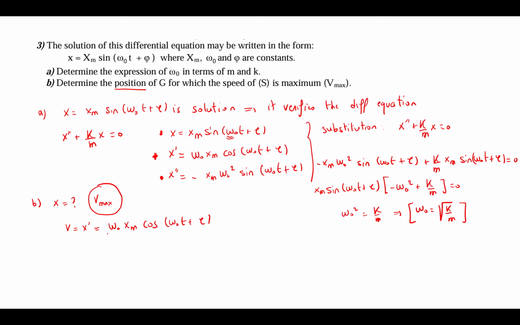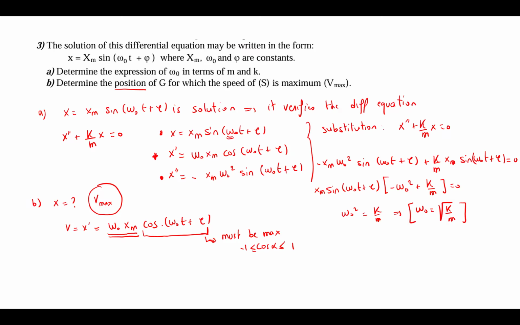We know that omega 0 and xm are constants. So nothing changes in them. So for the v to be maximum, this means that the cosine must be maximum. But we also know that cosine alpha is between 1 and negative 1.